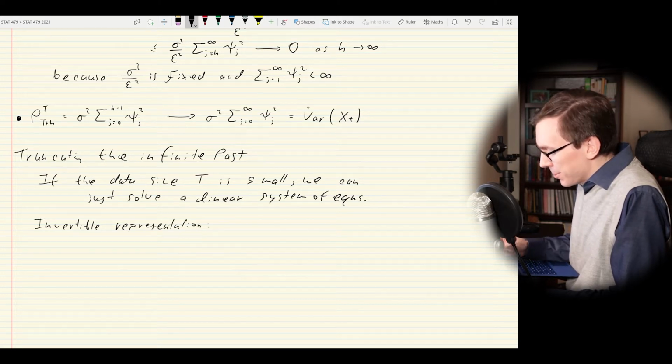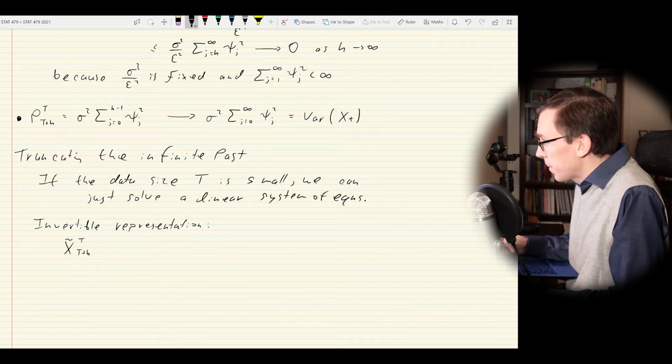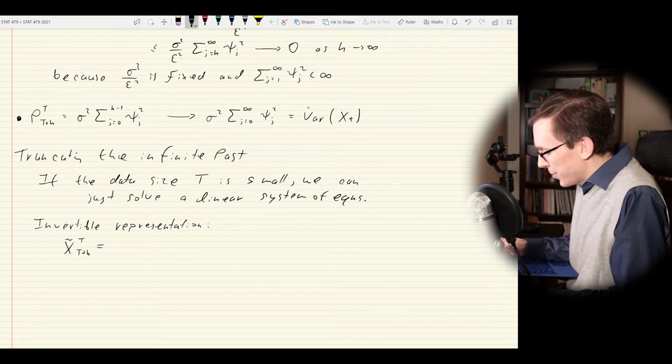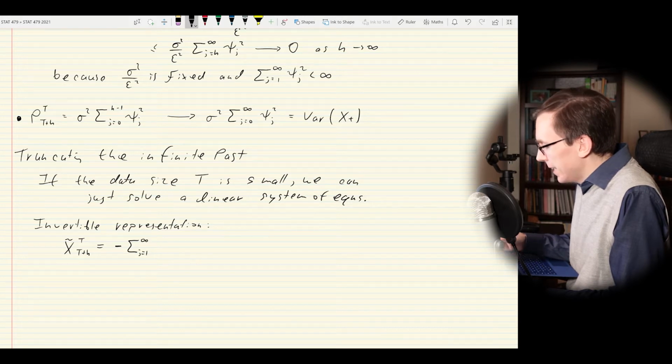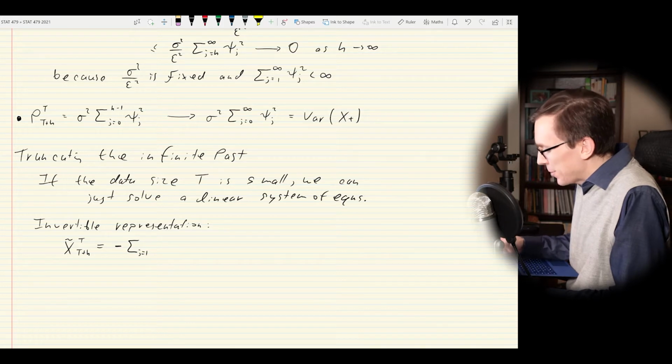So if we consider the invertible representation, then what we have is that x tilde t plus h is going to be, well, two things. First of all, we have terms that lie in j from 1 to h minus 1.